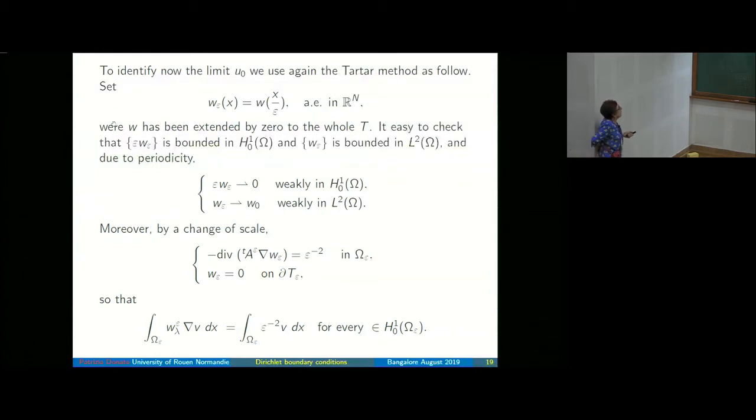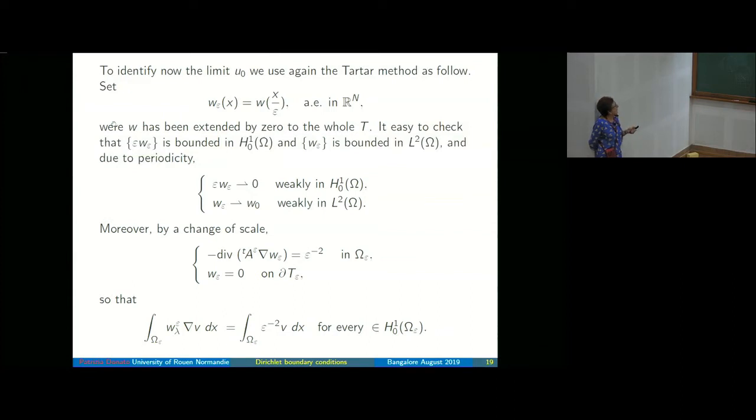So we have that function w, we periodize it by this relation, and we extend by 0 to the full torus T. Then epsilon w epsilon is bounded in H10, w epsilon is bounded in L2, so that epsilon w epsilon goes to 0, and w epsilon converges weakly to w0 in L2.